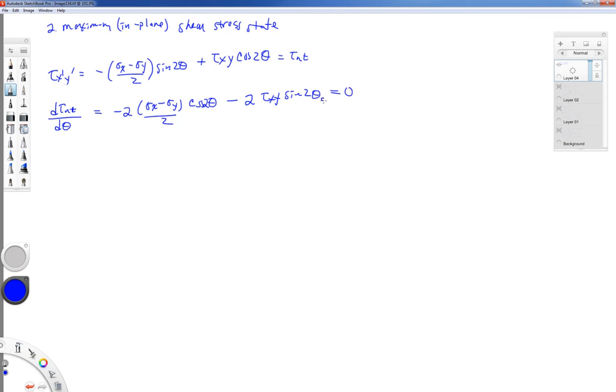And when I maximize it, I'm going to label the subscript s on my theta, so that denotes the theta s is the angle to the maximum shearing stress state from my x-axis.